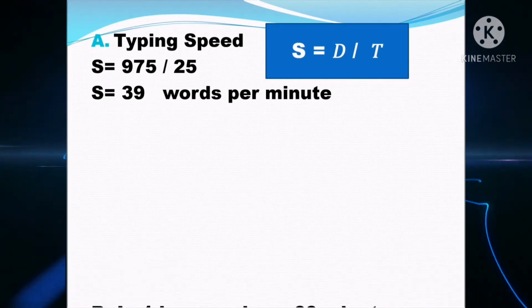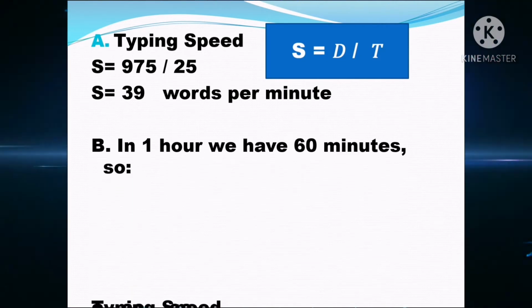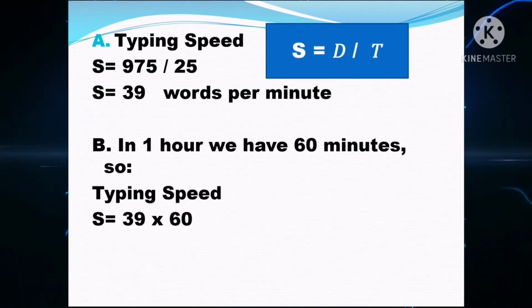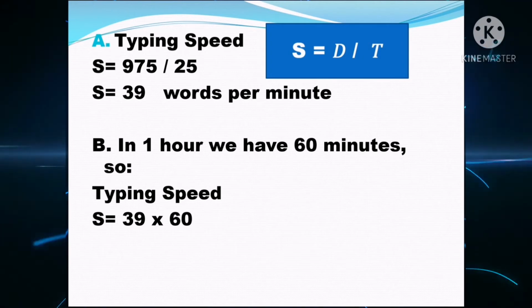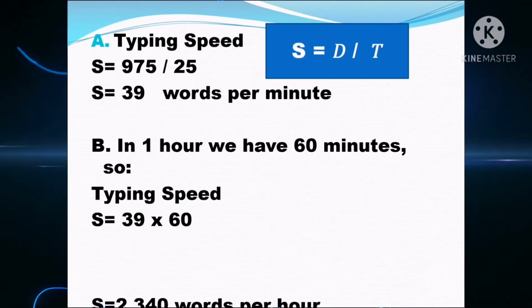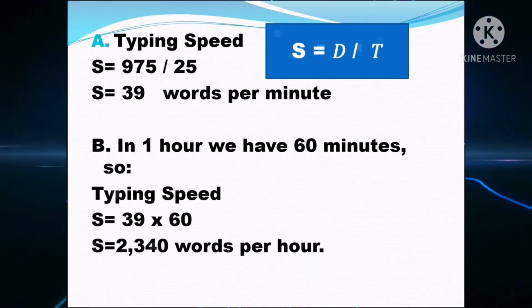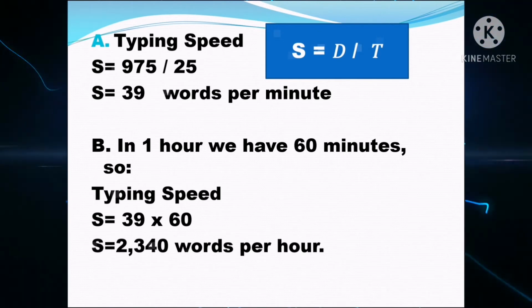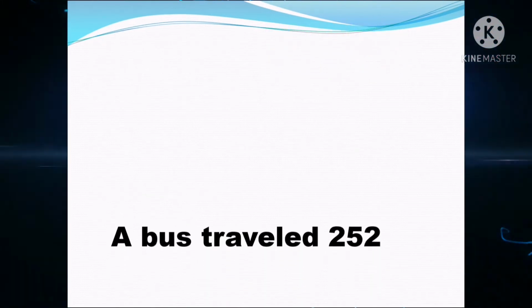And for letter B, since 1 hour is equivalent to 60 minutes, we just need to multiply 39 by 60 minutes. So our answer for letter B, or our speed for letter B, is 2,340 words per hour.